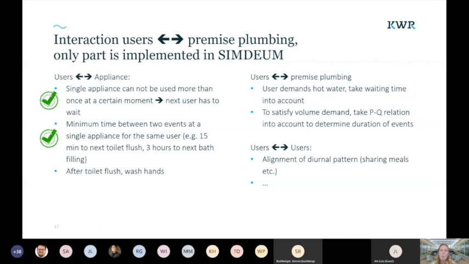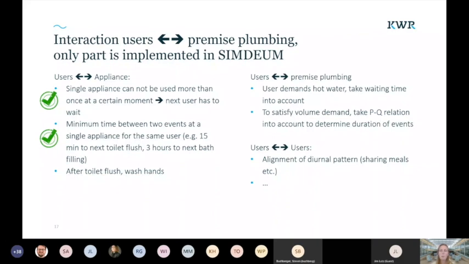So for example, if there are a few people living in a house, they will not all be taking a shower at the same time. So we probably have to find that a person takes a shower and the other person has to wait. And that is actually implemented.